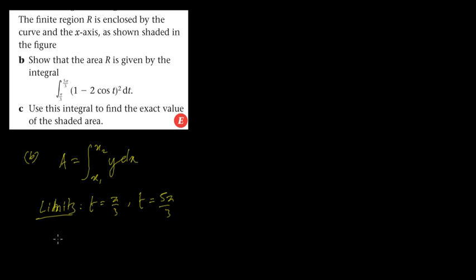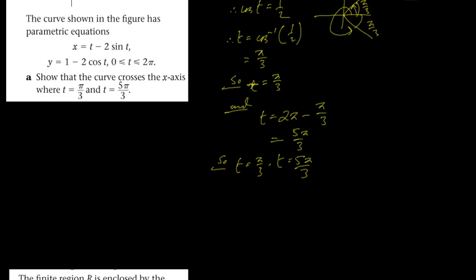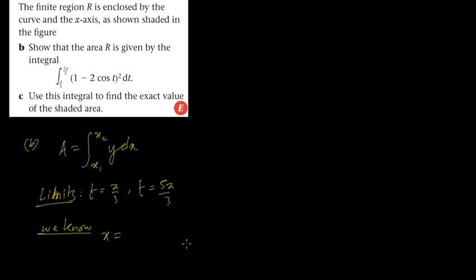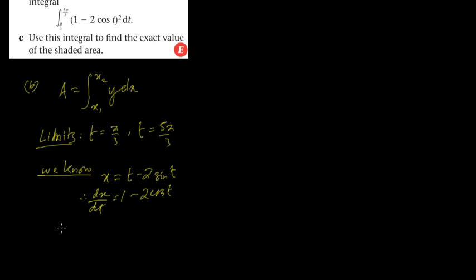Now we know x equals t minus 2 sine t. Therefore dx by dt: the derivative of t is 1, the derivative of 2 sine t is 2 cos t. So dx is 1 minus 2 cos t, and we are sending the dt to this side.